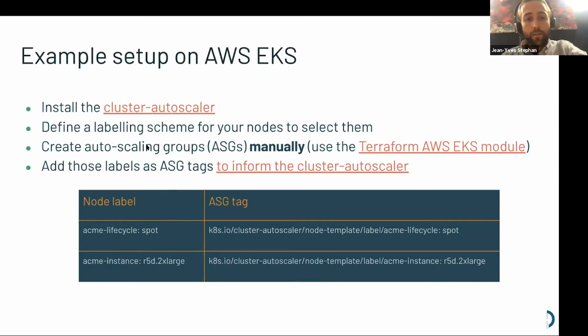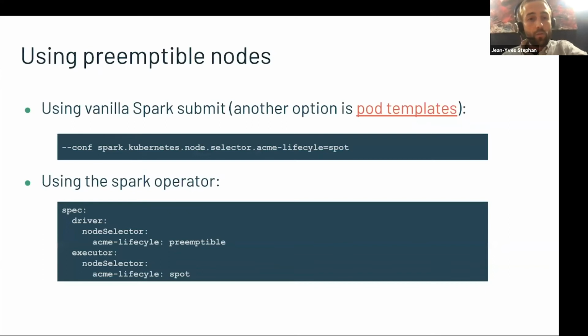Then you have to manually create auto-scaling groups and assign them corresponding tags, and then use those labels as tags to inform the cluster autoscaler. This way, when you submit a Spark application based on certain node labels, the cluster autoscaler will place them on the node pool of the right tags, and maybe scale the node pool if necessary.